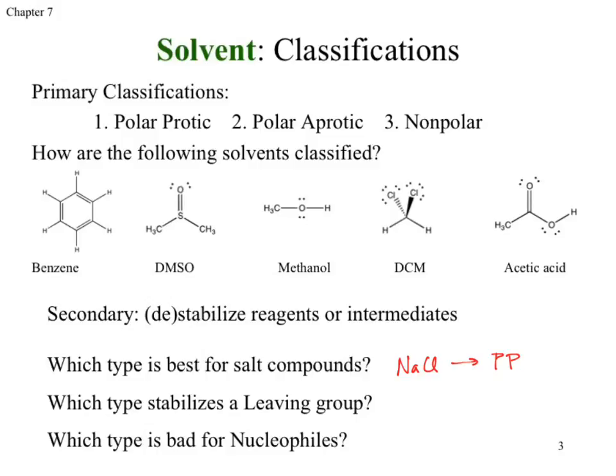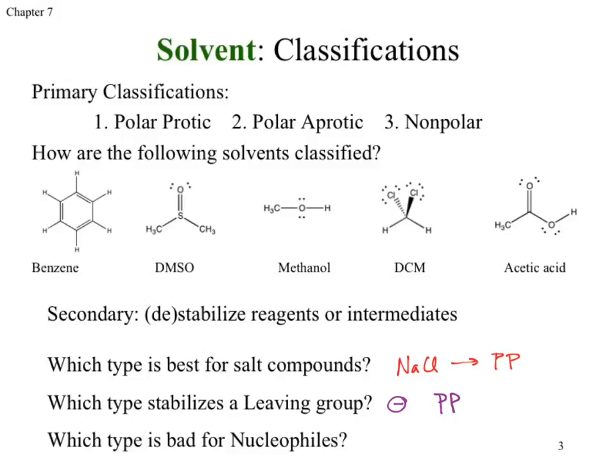So our leaving group is really going to be carrying what charge? A negative charge. What solvent's going to do a good job stabilizing that negative charge? Polar protic. So we might again expect a polar protic situation because we want to stabilize that negative as best as possible. Again, we could shift to a polar aprotic depending on our circumstances, but we wouldn't use that nonpolar solvent. Okay. Last one.